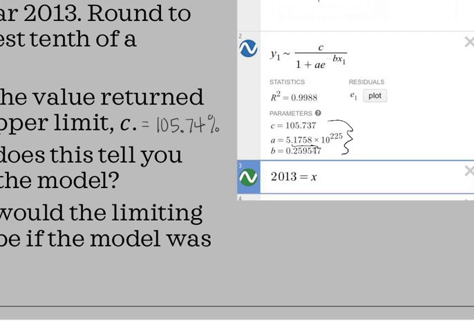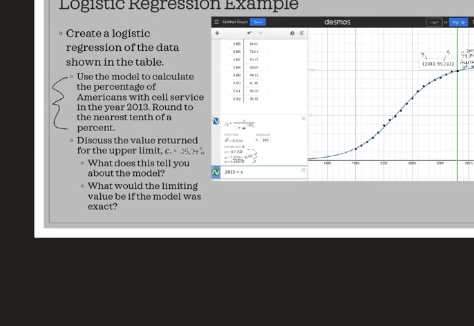Does it make sense for 106% of Americans to have access to cell service? This isn't people with an actual cell phone in their pocket. This is people who are covered by cell service. Is it possible to cover 106% of the country? Well, not really. You either have service or you don't. So 106% of people having service doesn't make a lot of sense.